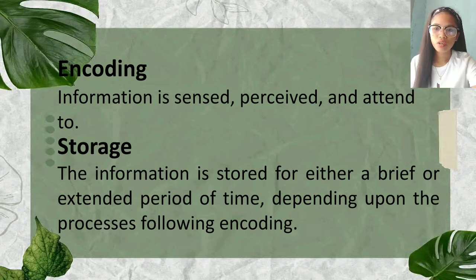Encoding information occurs through both automatic processing and effortful processing. For example, if someone asks you what you ate for lunch today, more than likely, you could recall this information easily. This is known as automatic processing, or the encoding of details like time, space, frequency, and the meaning of words.